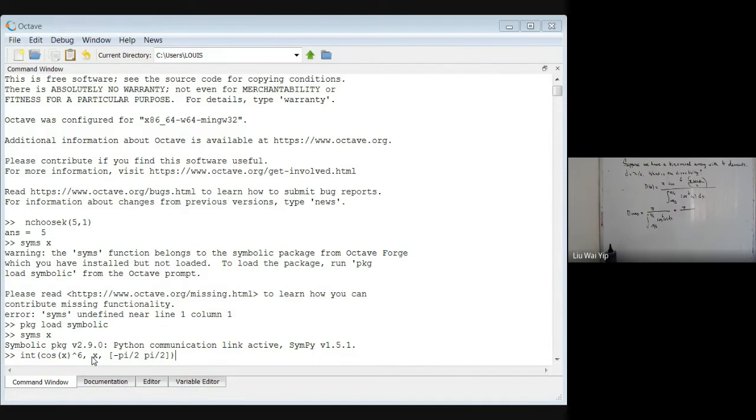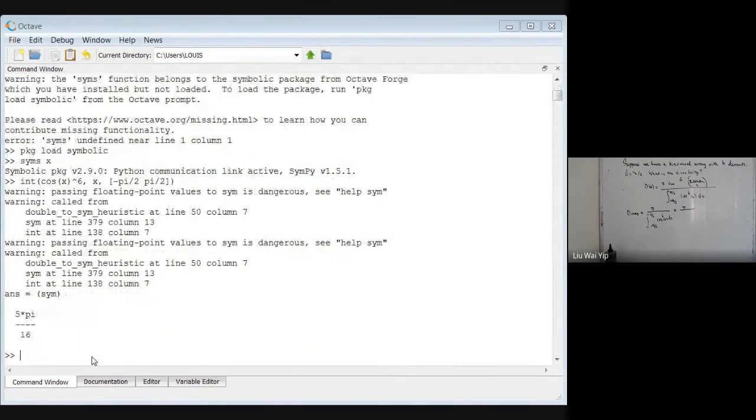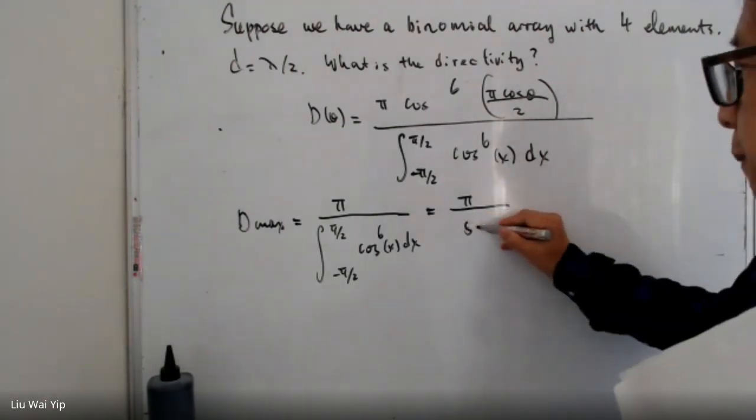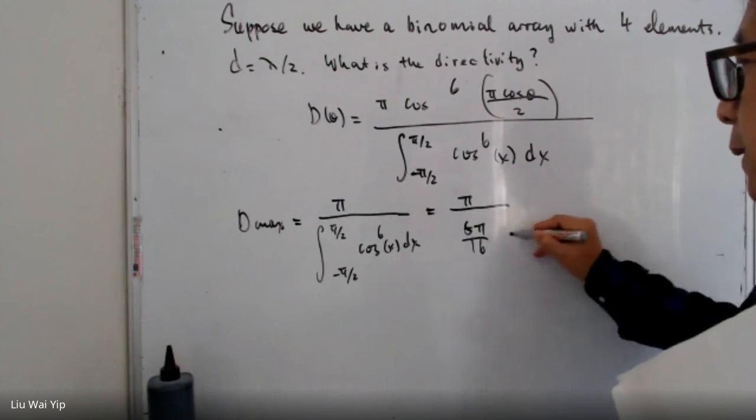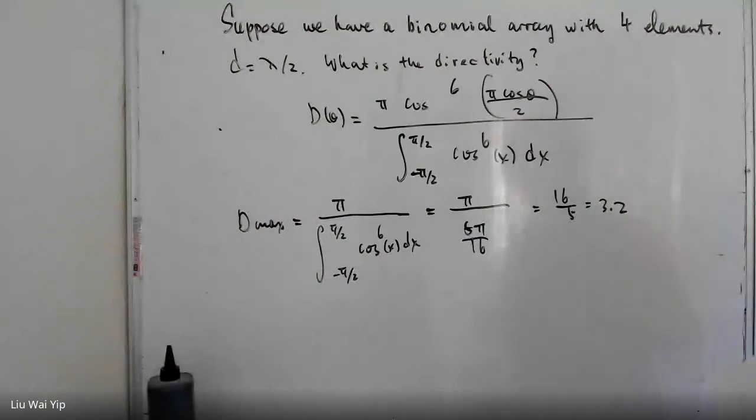And now we are going to solve this. So it is equal to 5 pi divided by 16, and the answer is 3.2.